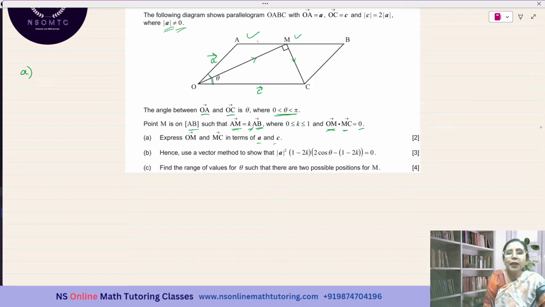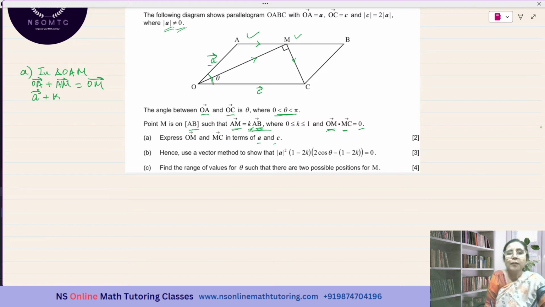First of all, I am taking the triangle OAM. So in triangle OAM, OA vector plus AM vector is equal to OM vector. So OA vector, I am writing this, and for the AM vector, I am writing k times the AB vector.